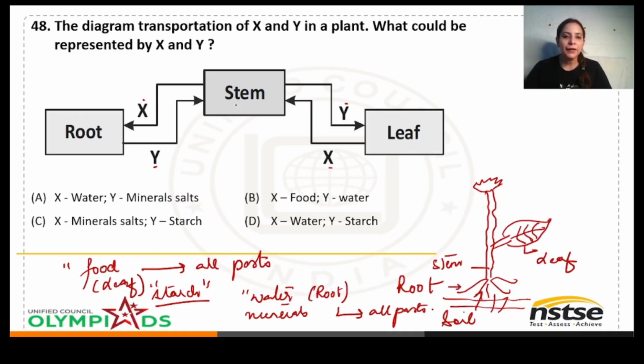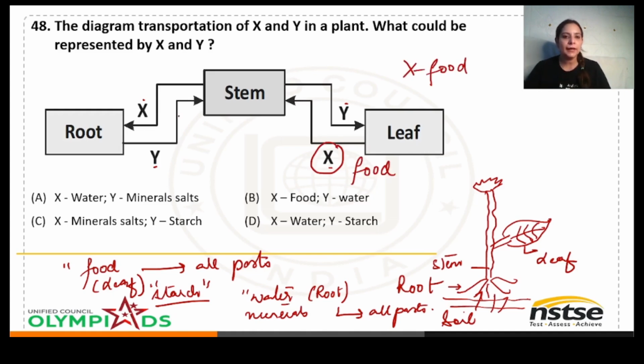By the arrows shown, something is transported from stem to root, something is transported from stem to leaf, and in the second you can see that something is transported from leaf to stem. That something transported from leaf to stem is obviously going to be food. So X is identified as food.